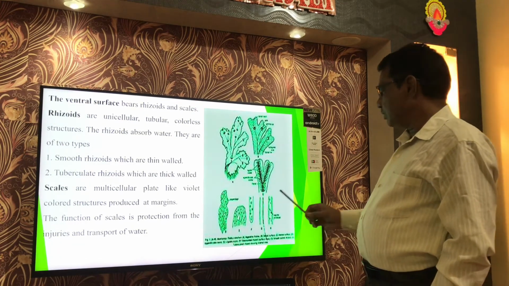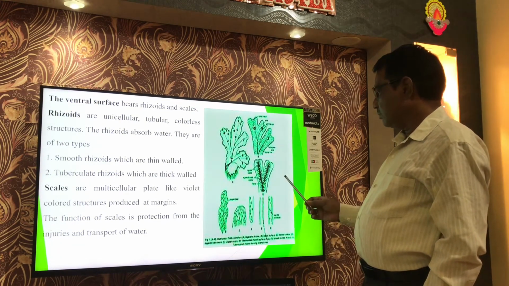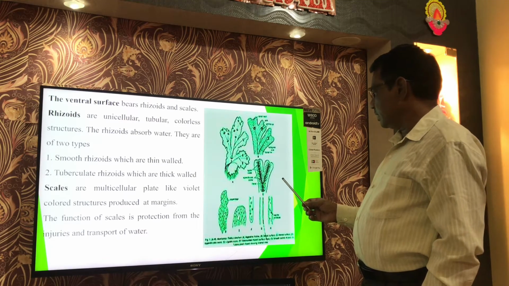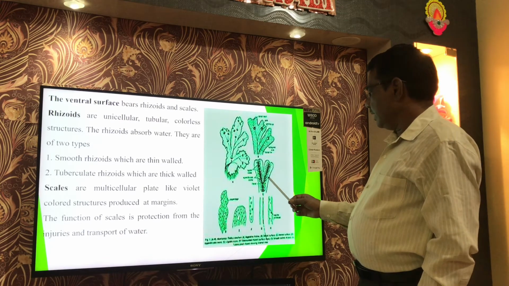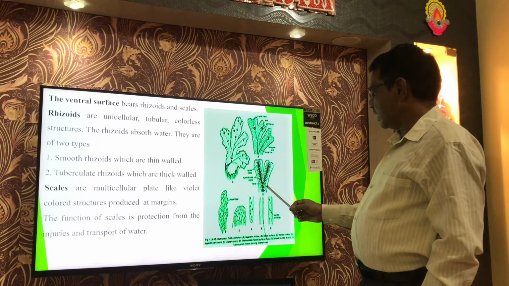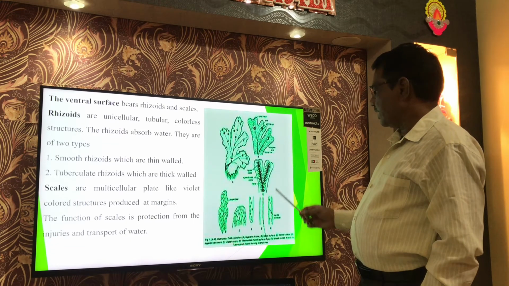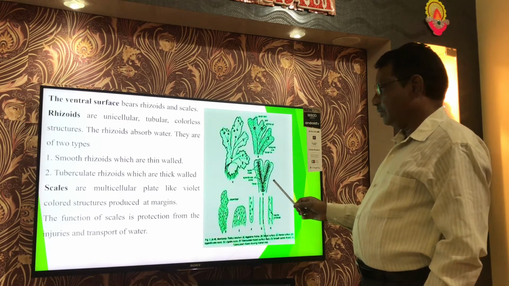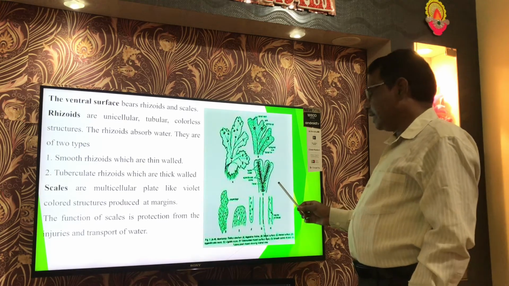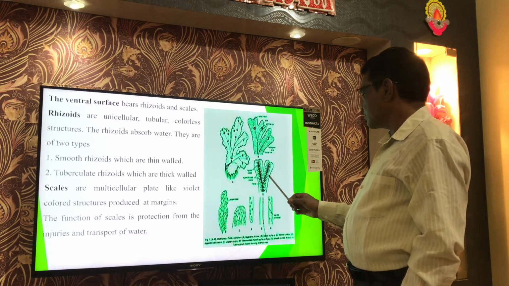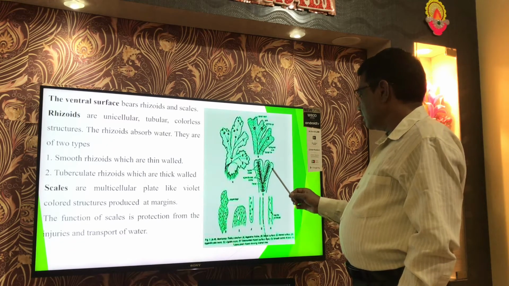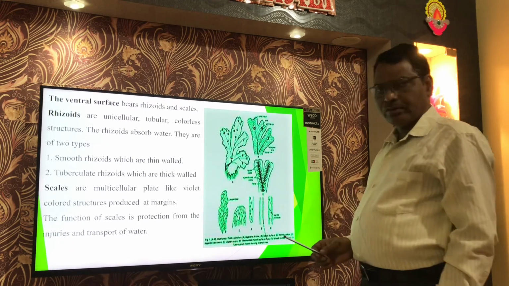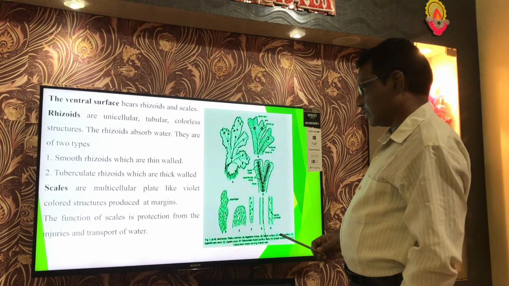In addition to rhizoids, another important structure present on the ventral surface of the thallus of Marchantia is the scales. These are very thin, multicellular, plate-like and violet-colored structures present along the margins of this thallus on the ventral surface.